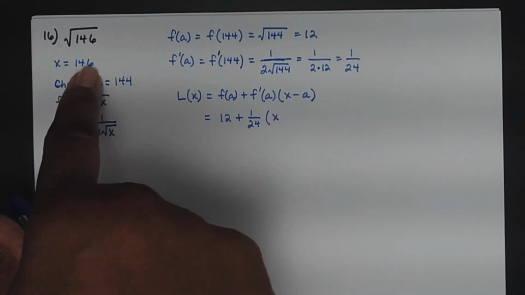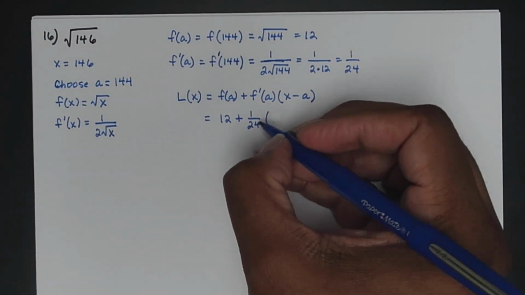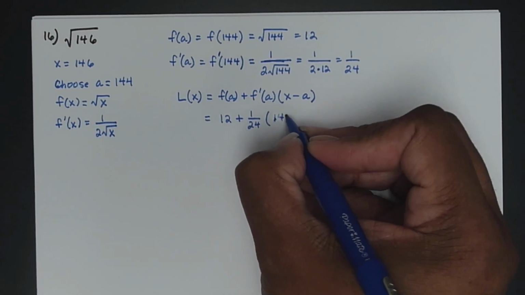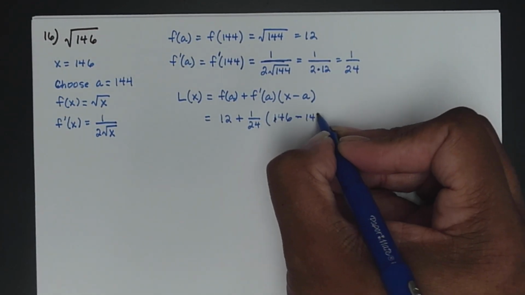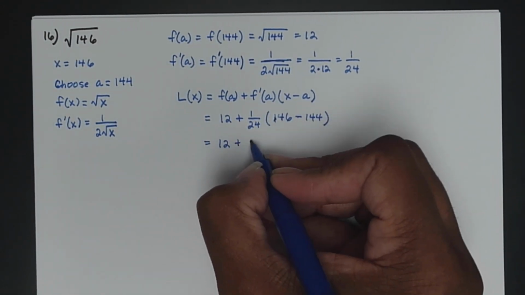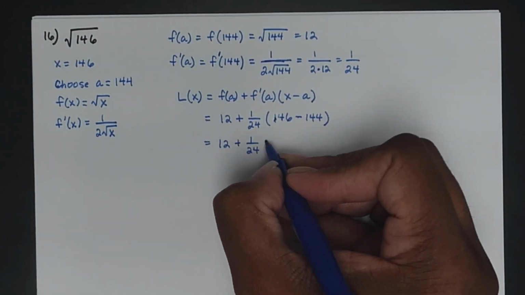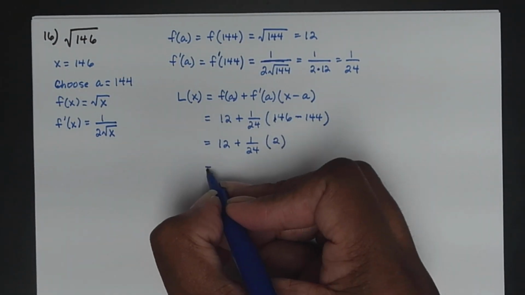Well, x, of course, that's 146, so I'll replace that x with 146, minus a, which is 144. So here I got 12 plus 1 over 24 times 146 minus 144, which would be 2.